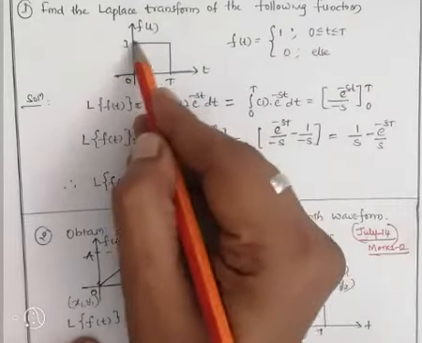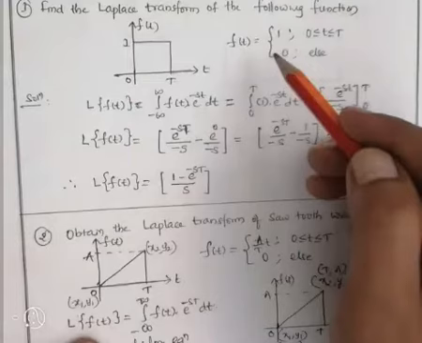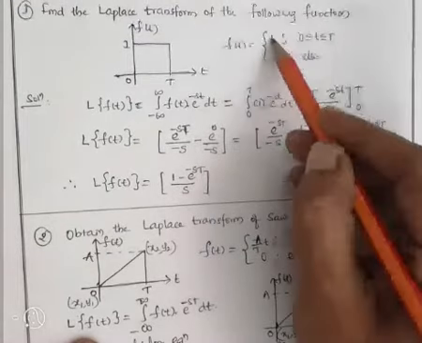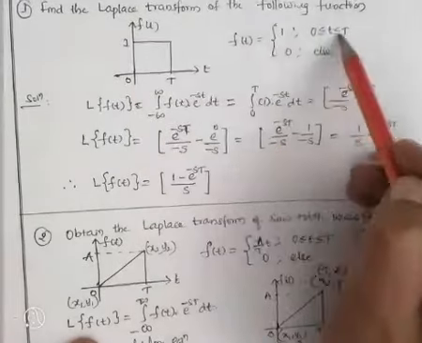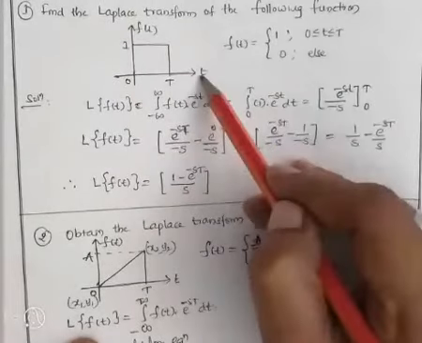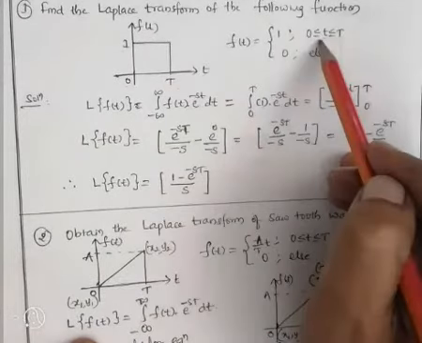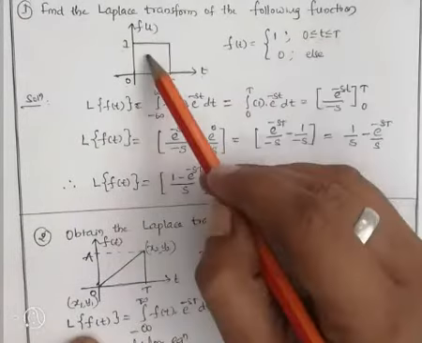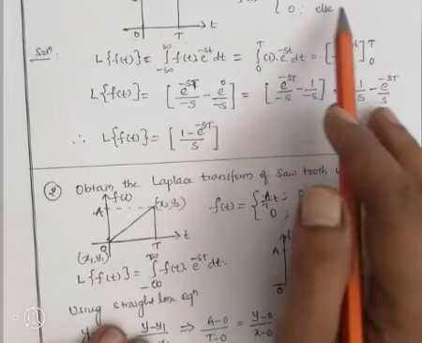Only this amount of amplitude is present from t equal to 0 to T. Hence I am writing f of t equal to 1, where the value of t lies between 0 and T. So I wrote this function in terms of a mathematical expression. Then apply the Laplace transform for this f of t.